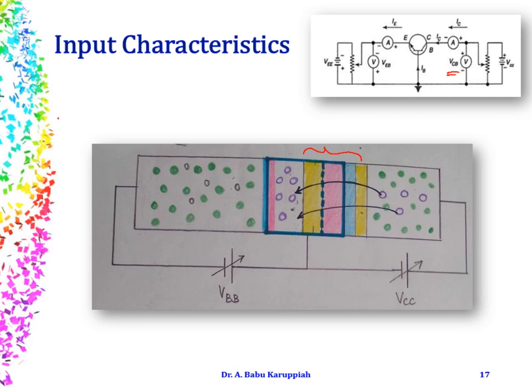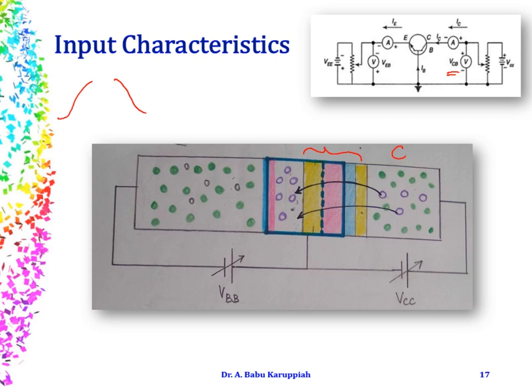For majority carriers, it is like climbing a hill, and for minority carriers, it is like coming down a slide. The minority carriers inside the collector are holes, and when you increase the reverse bias, the holes are pushed. It is reverse biasing for the majority carriers, but for the minority carriers, it is like forward biasing.